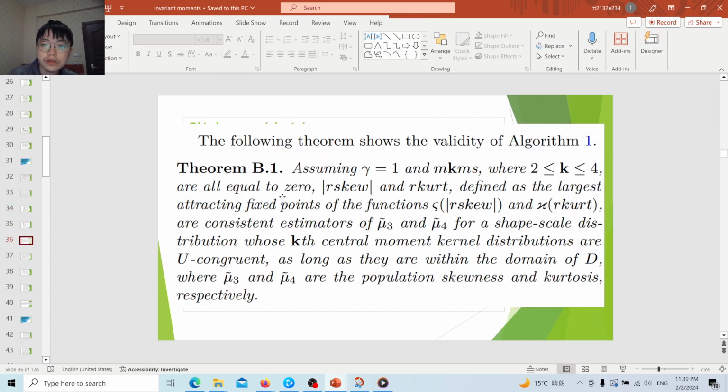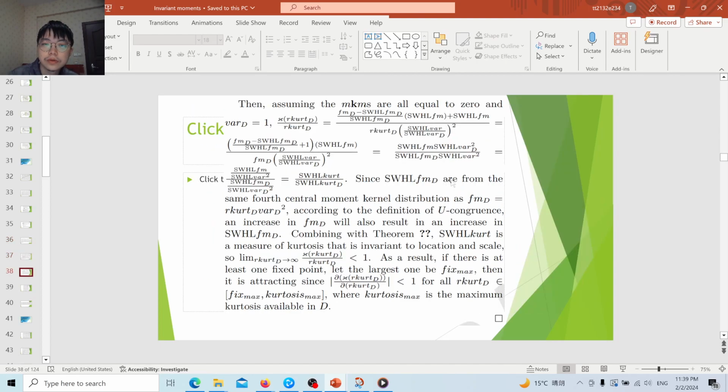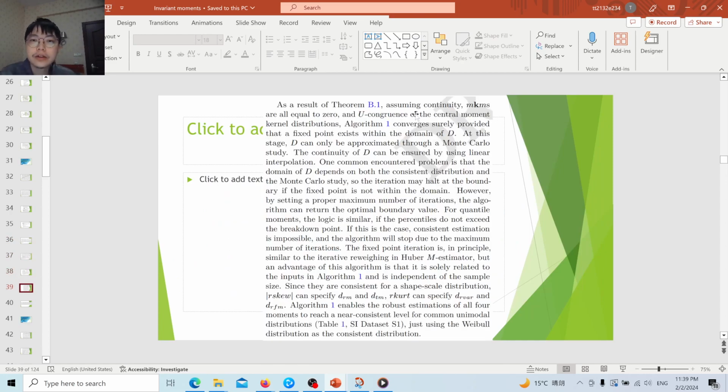And this theorem shows that it is a consistent estimator, and it will converge because it is the largest attracting fixed point. But we need to assume that the median central moment is 0, gamma is equal to 1, and also this congruentness.